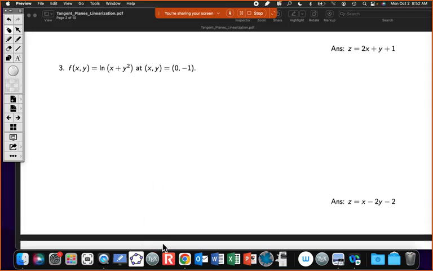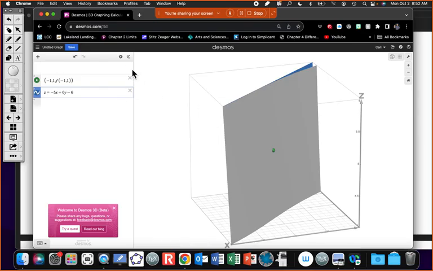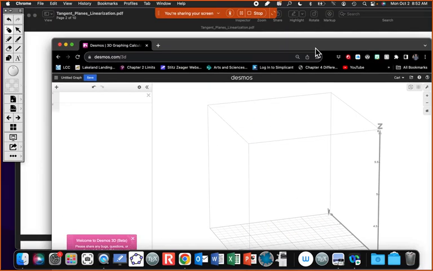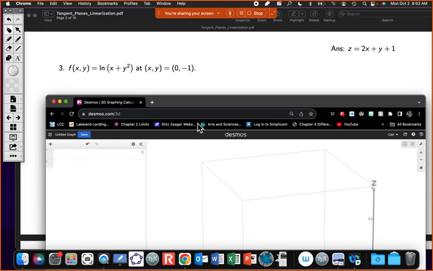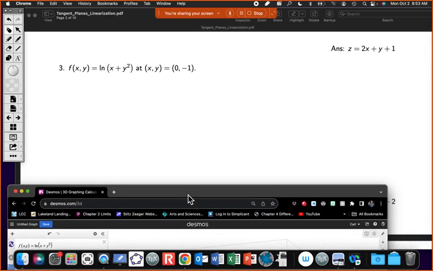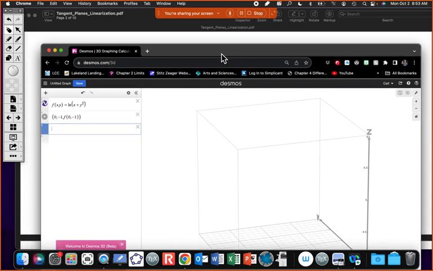Let's actually graph the answer on this one, because as I recall, this was one of these functions we found the domain for back in the day. I had you graph it. Let's see how Desmos handles it. We're at the point 0, -1, f of 0, -1, and then we've got z equals x minus 2y minus 2.